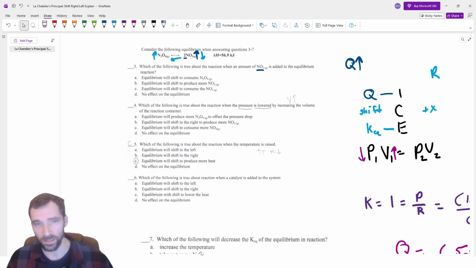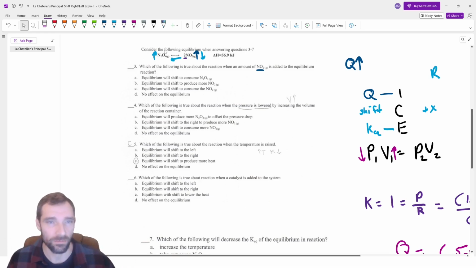So lowering the pressure is going to shift this either left or right, depending on if you've got a side that's being squeezed into more or fewer moles on the two sides of the reactant and product.